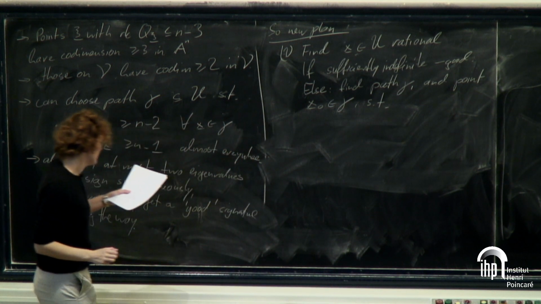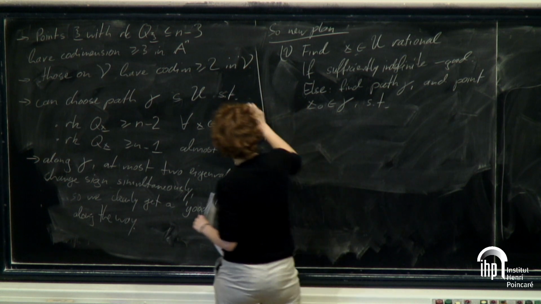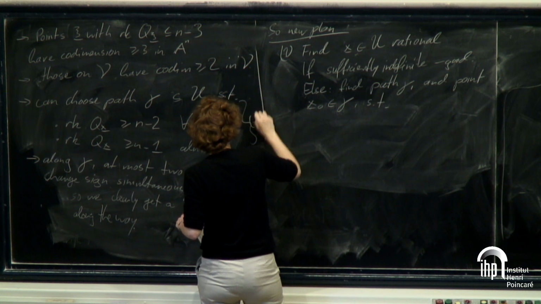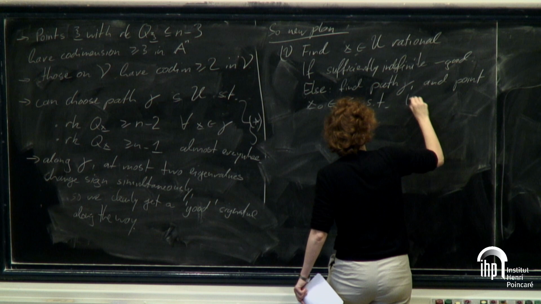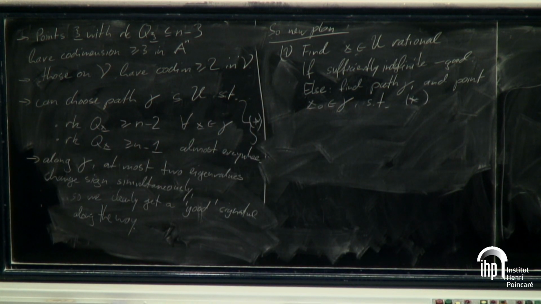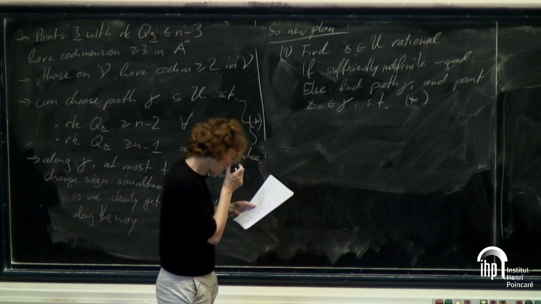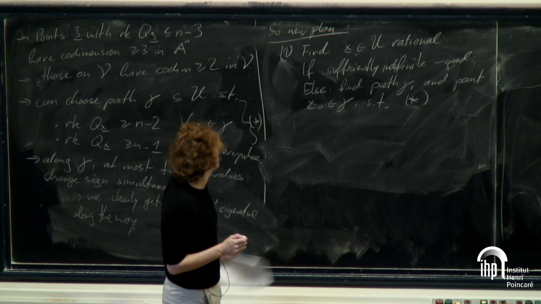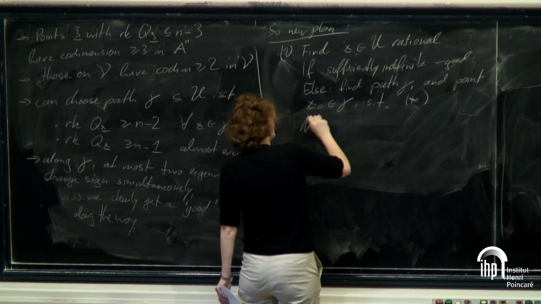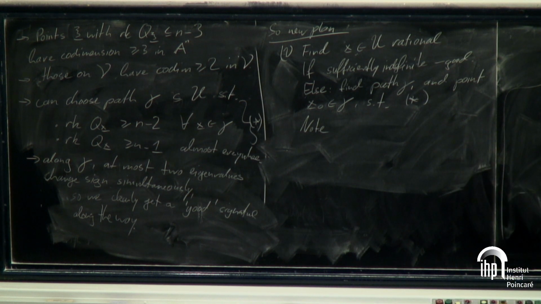we find the path such that, well, these two are satisfied for that point, x naught. And, well, now we just found some point, and we were doing a real argument.